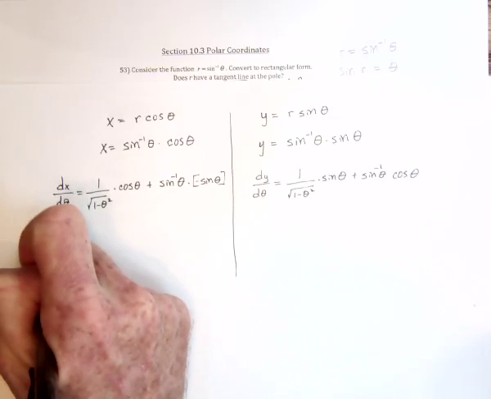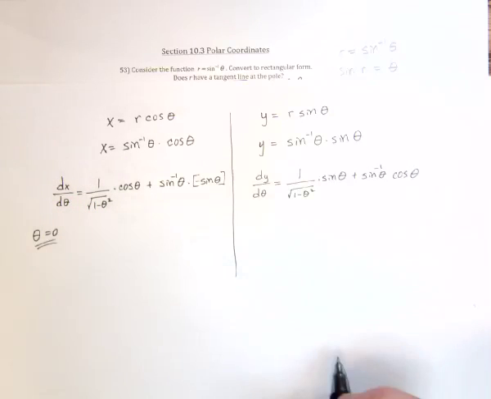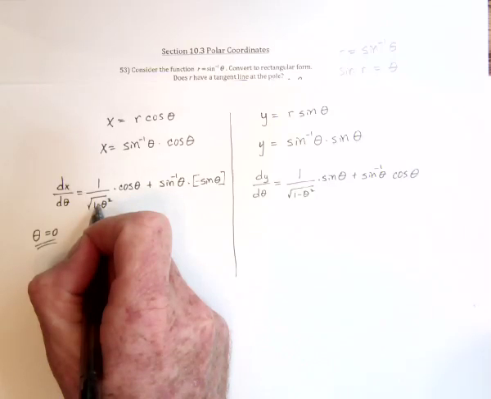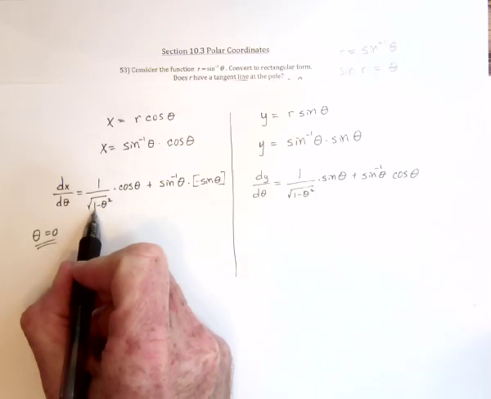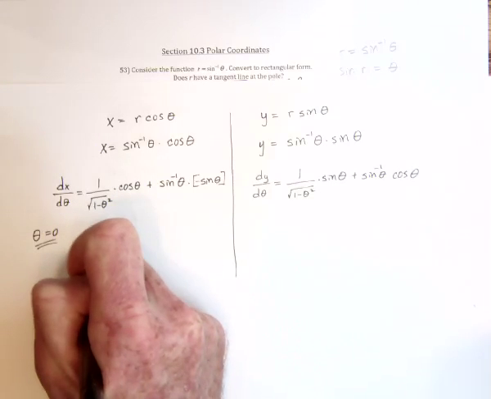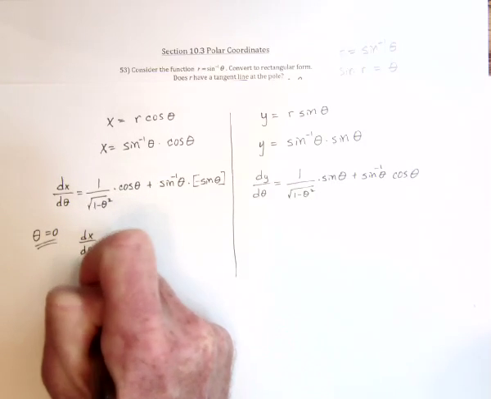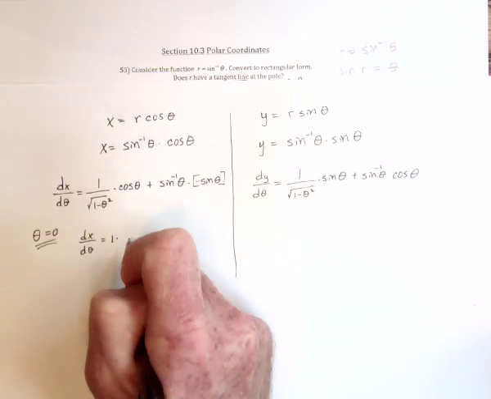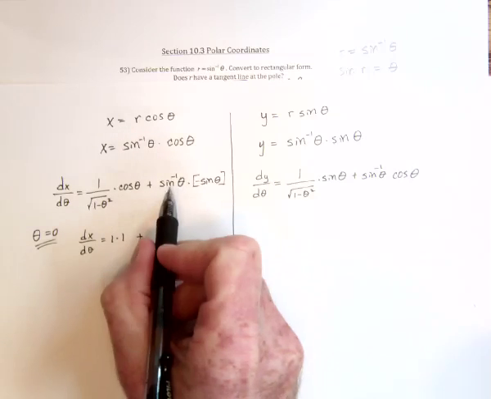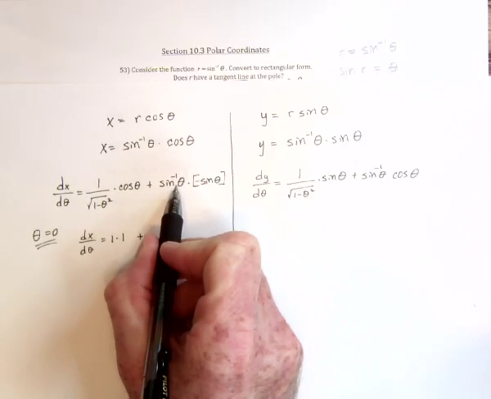So theta equals 0. So this is actually just going to be 1 divided by 1 once you put a 0 in. And then this is cosine of 0. So dx d theta is going to be 1 times cosine of 0, which is 1, plus sine inverse of 0.